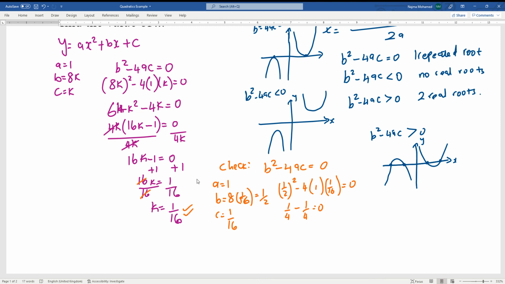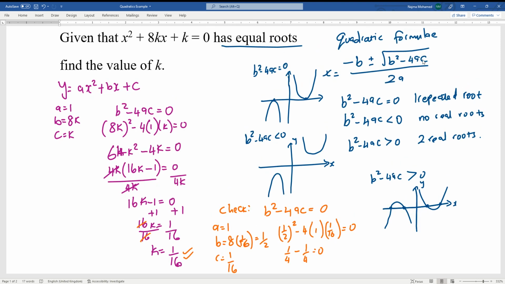I want you to also be able to see what this information means. When you're trying to solve a quadratic equation, you're basically trying to find the roots. If you don't want to waste time in the exams, you could do b squared minus 4ac and see what it gives you. If you get 0, then you know you have only one root to look for.